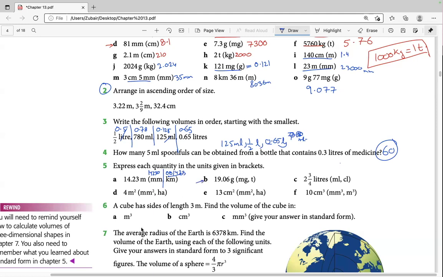Try B part. So for milligrams, it's going to be 1,906. And then for tons, it is not 1906, that's one more zero. 19060.